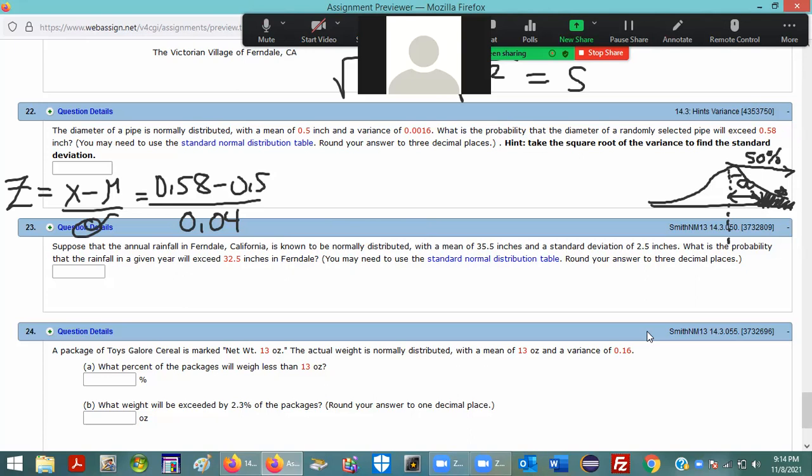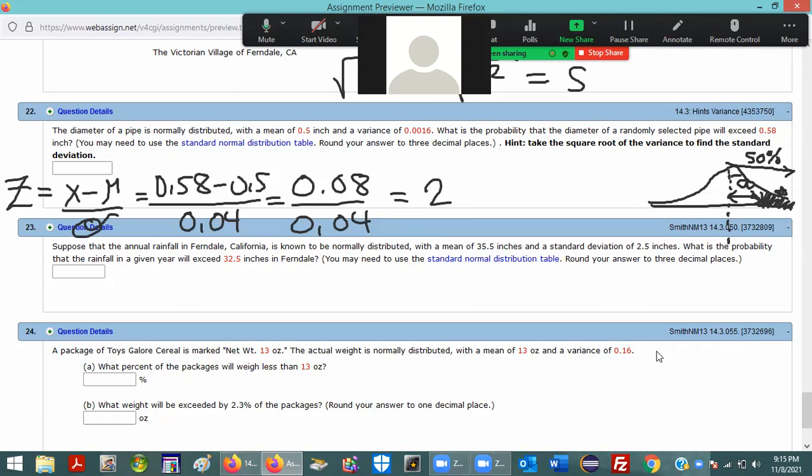From here, we have 0.08 divided by 0.04, which gives us a value of 2. So we have a z-score of 2 to look up, right?